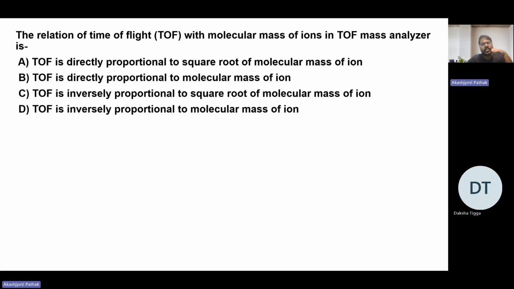Now, what is the relation of time of flight with molecular mass of ions in a TOF mass analyzer? That is what I was explaining: once you have irradiated that sample which is mixed with the matrix, the sample gets desorbed. Desorbed means it is removed from the matrix and converted into a charged ion.